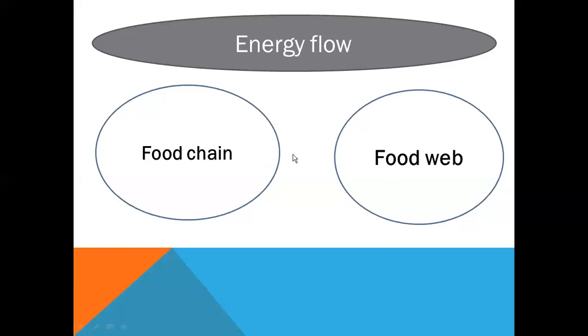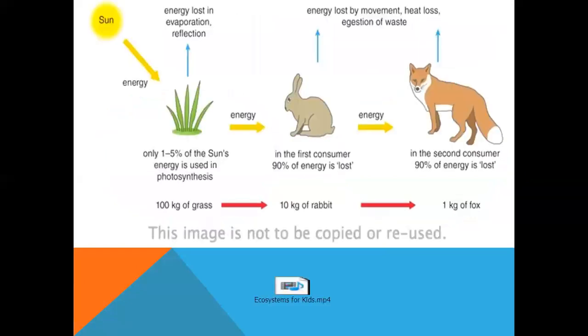These are two forms that illustrate the direction of energy from one organism to another, from plant to animals. I illustrate this example for energy transferred from one organism to another. Check these points. Number one, sun.